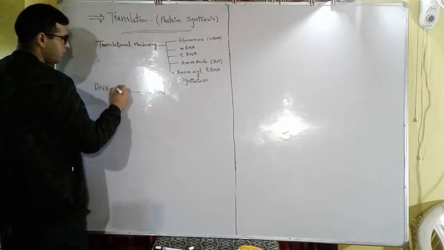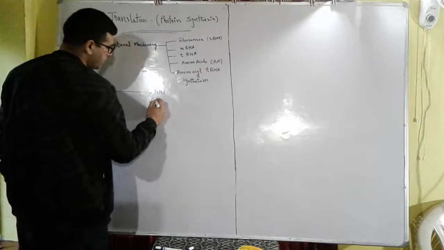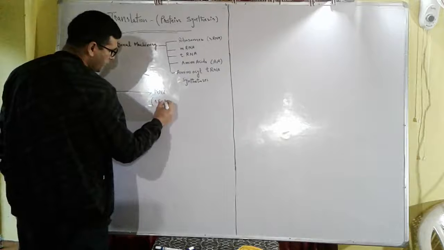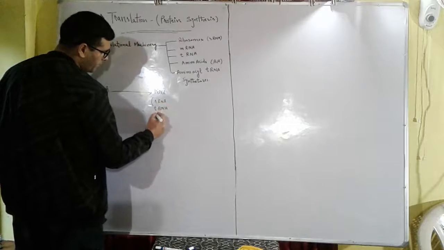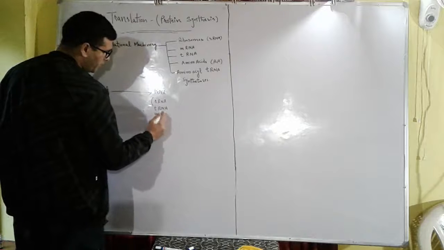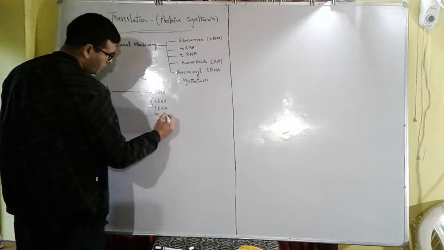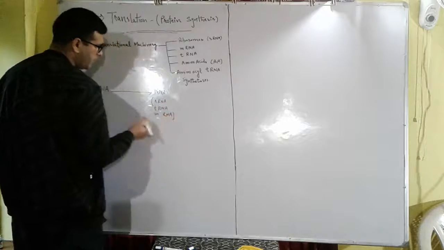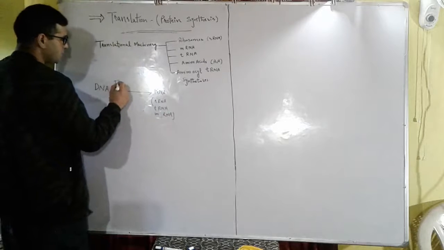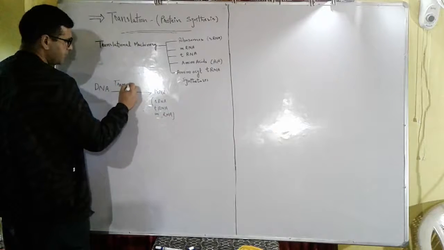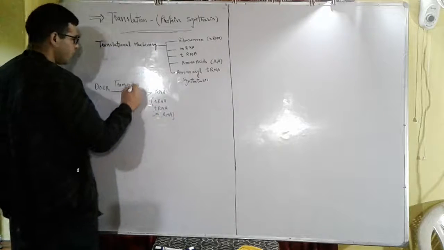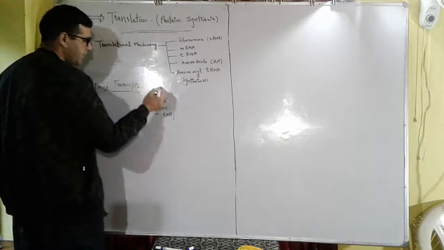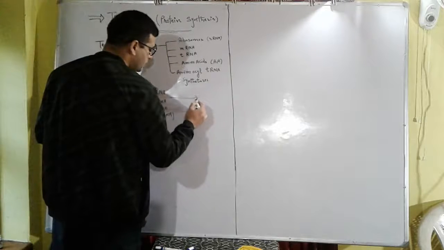This RNA can be ribosomal RNA, tRNA, or mRNA. This is what is called transcription. Transcription simply means the synthesis of RNA from the DNA, and then we have translation.